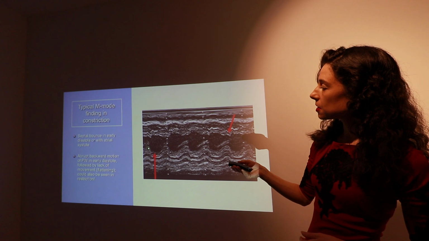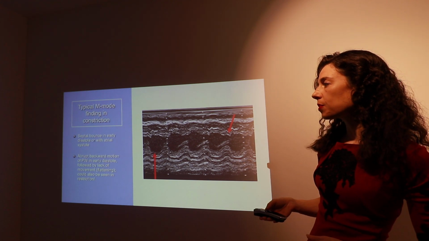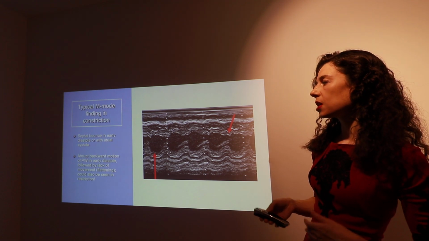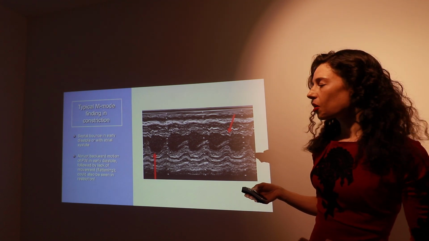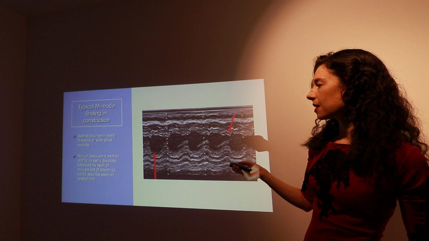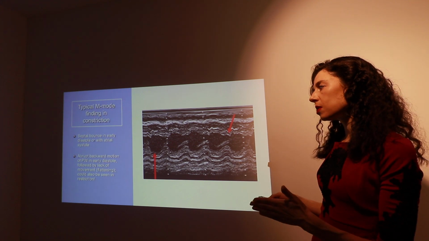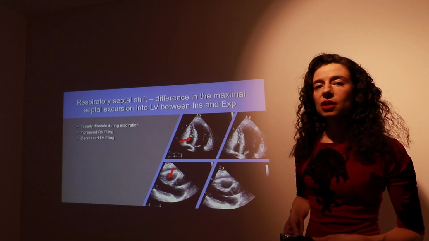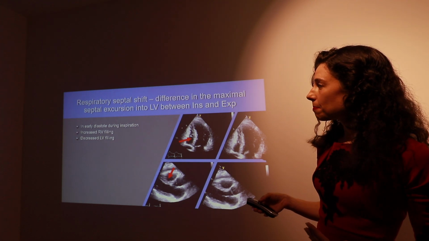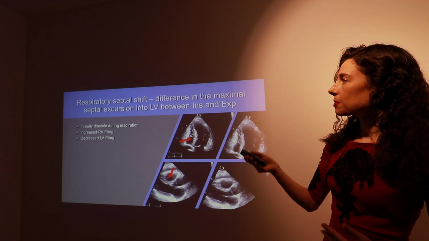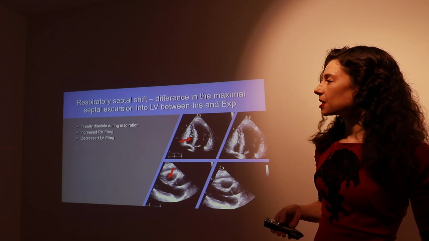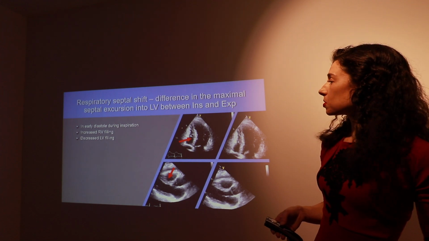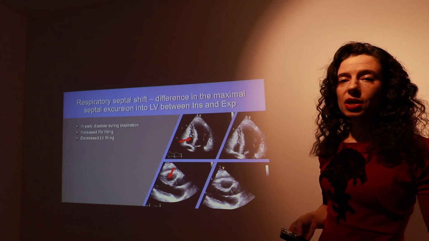Also, in the posterior wall of the left ventricle you could see the upward-backward motion in early diastole, followed by a flattening and lack of motion throughout the entire part of the diastole. With 2D imaging, you could see the typical respiratory septal shift, that is the difference in the maximal septal excursion into the left ventricle between expiration and inspiration.